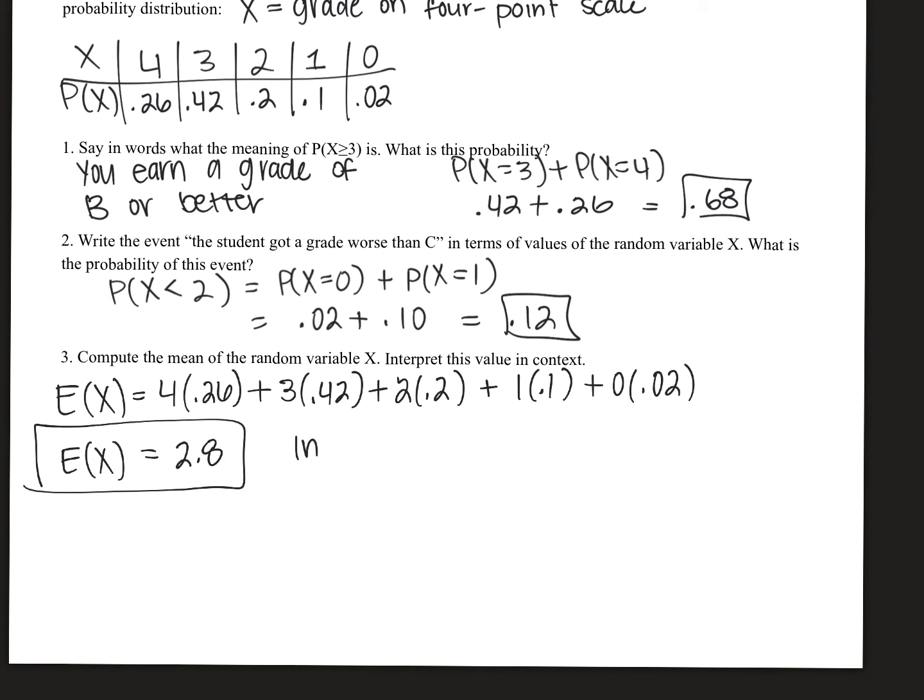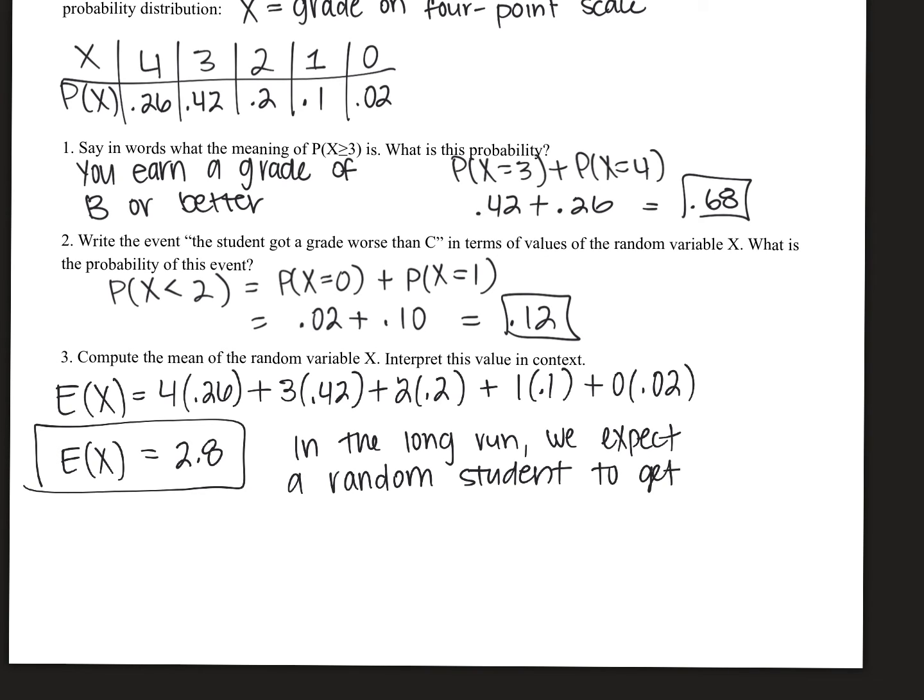So what that means is, in the long run, we expect a random student to get between a B and a C in the course.